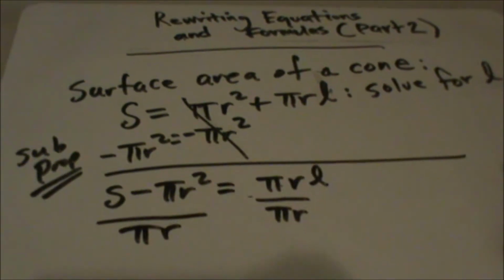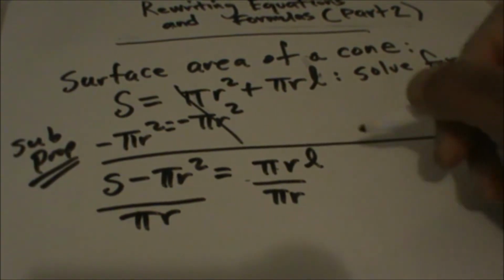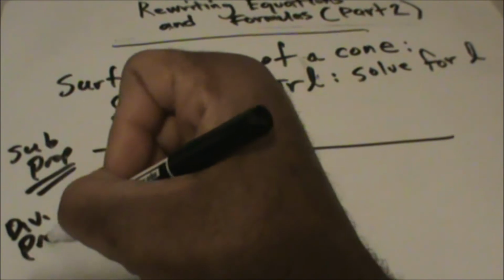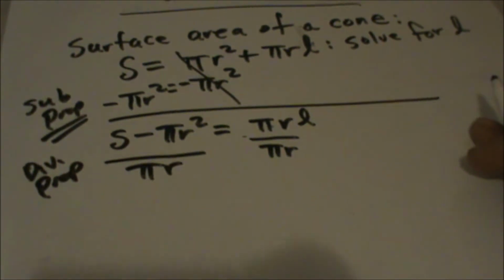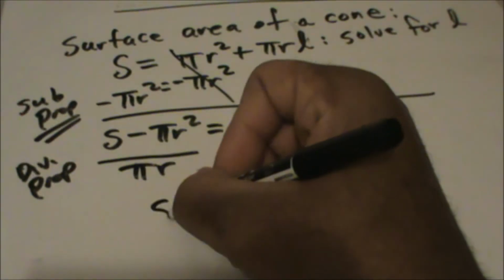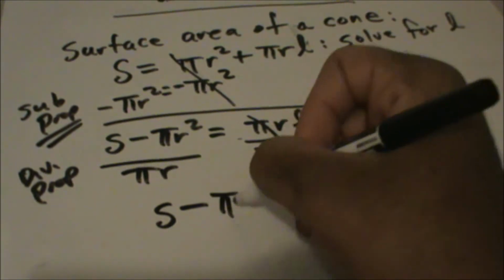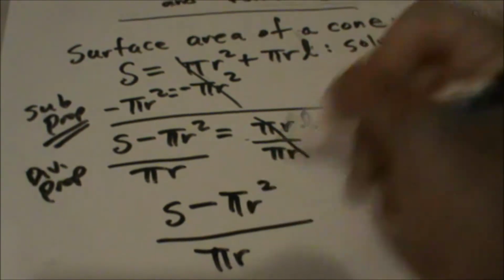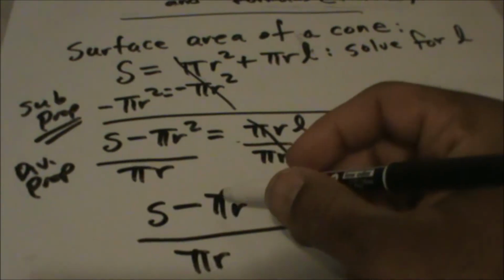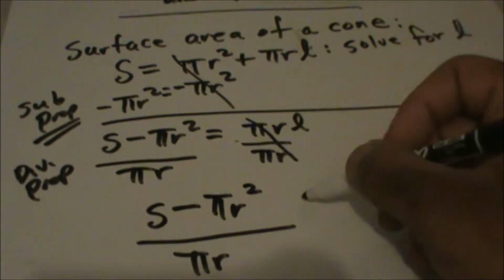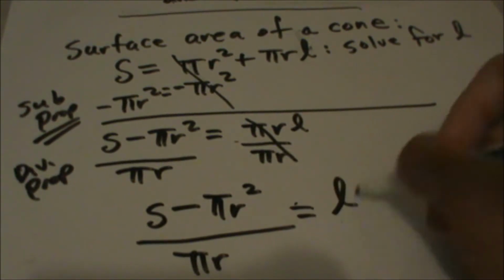Once we did that, this is division. Guess what? This cancels. So you have S minus pi r squared over pi r equals L.